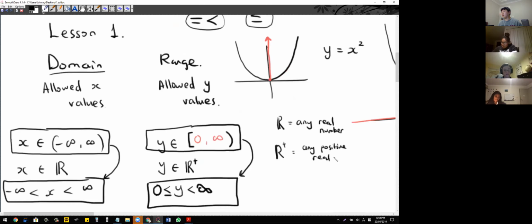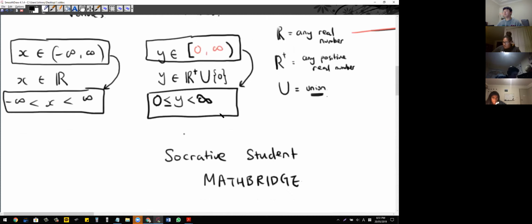So this does not include the negative numbers, okay? But obviously 0 is missing from here, right? So what we do is we put a set containing 0, and then we put a union sign. The union, so that symbol there, union. Okay?